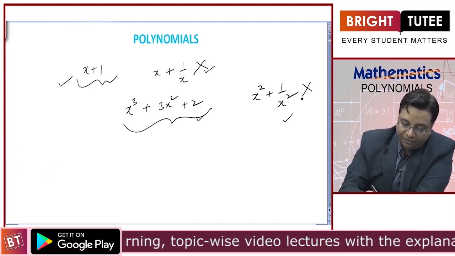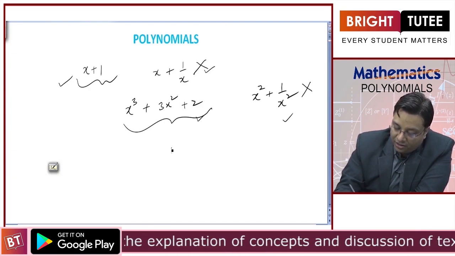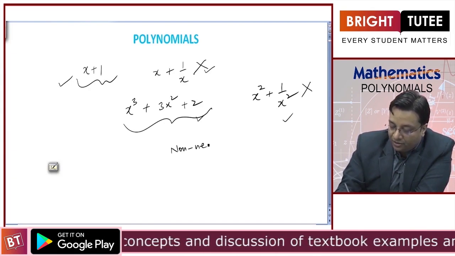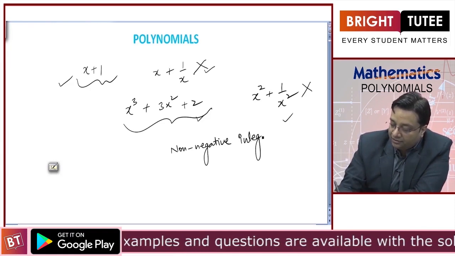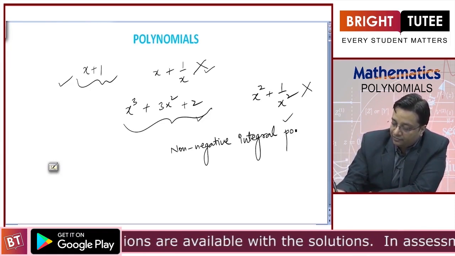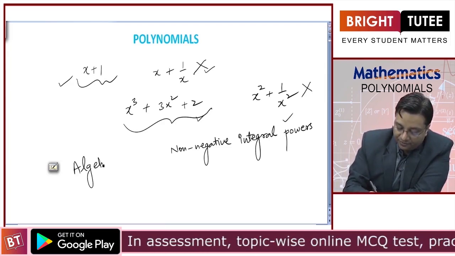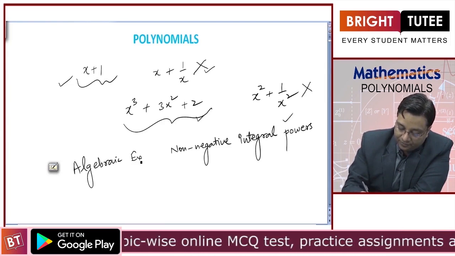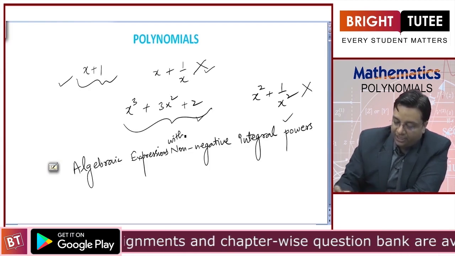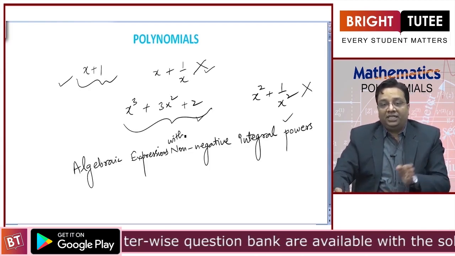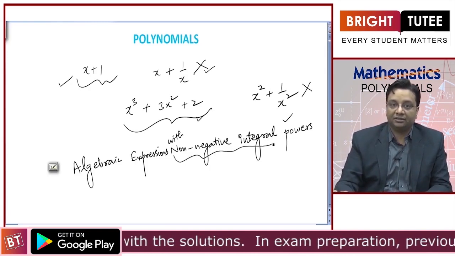Why? Because polynomials are algebraic expressions with non-negative integral powers. So what did I say? Algebraic expressions with non-negative integral powers. Now we have just finished the number system, so you know what are non-negative integers.